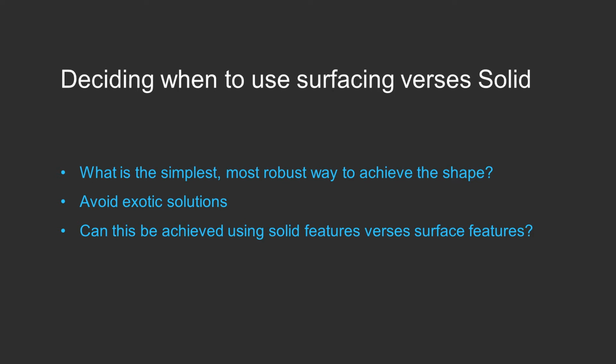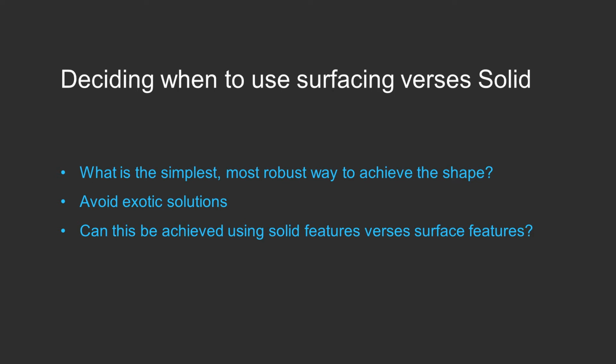And even though it might be tempting to use something that's a little more exotic or esoteric, if you're mindful of others, especially others that are working with you that may need to go in and do modification to your design, trying to keep it simple and direct is really going to help them.